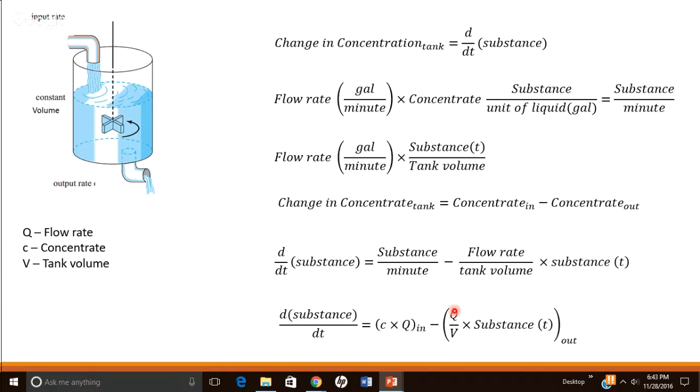Again, gallons per minute, these are equal. And the volume of the tank, which we know, times this, which is constantly changing, the amount of substance going out. You can think of this as pounds of salt going out. So now we've got it in a differential equation, and we've got some variables, or more variables, that we can look at.